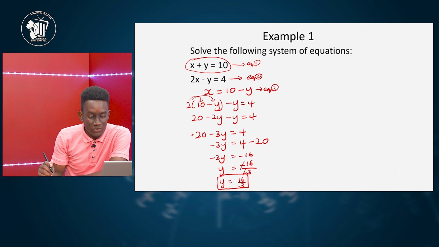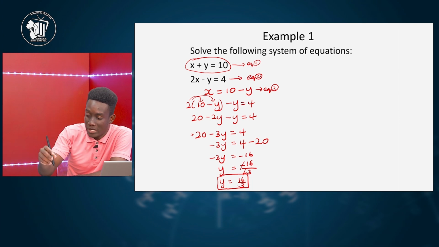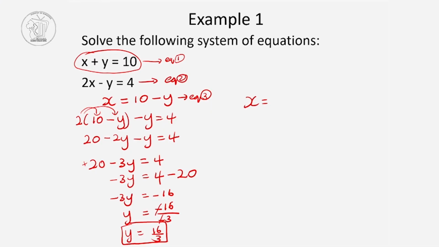Now that we have our value for y, we can solve for x. How do we solve for x? We solve for x by putting in this value of y into either equation 1, 2, or 3. We see in equation 3, x is already the subject, so we can solve for x there. So x will be equal to 10 minus y. Now instead of y, we'll substitute y equals 16 over 3 into equation 3.